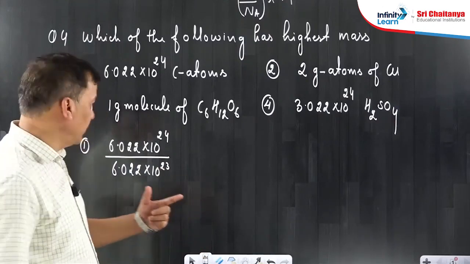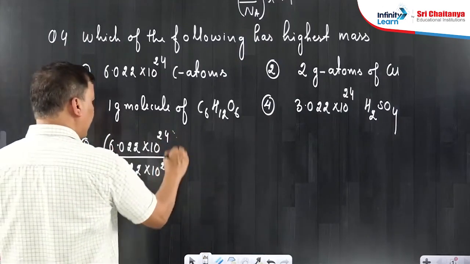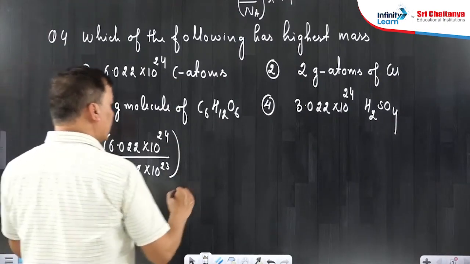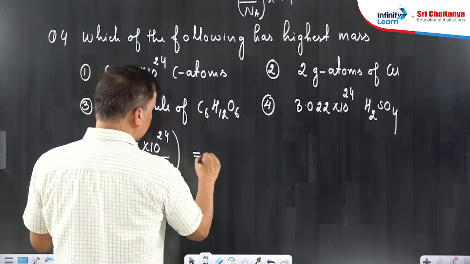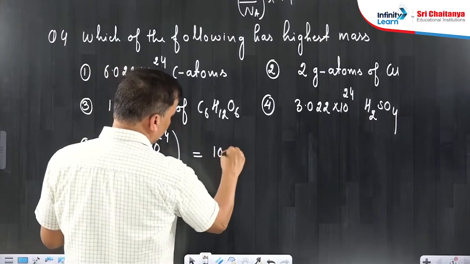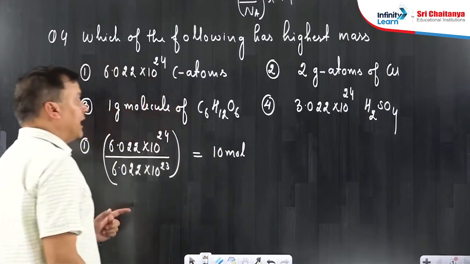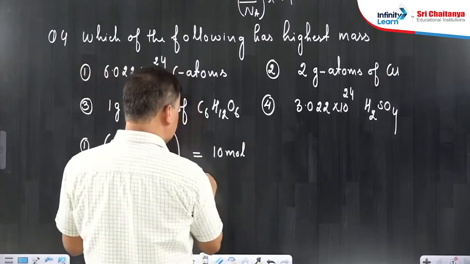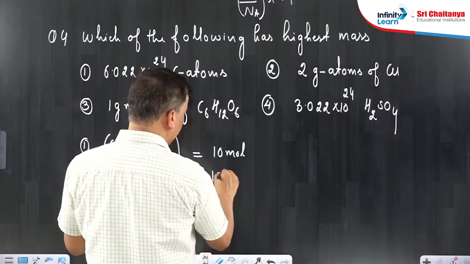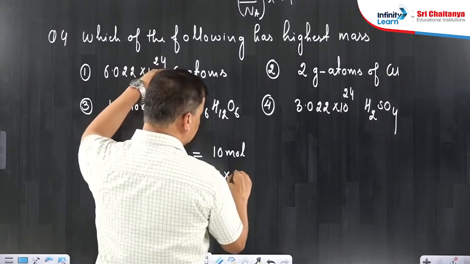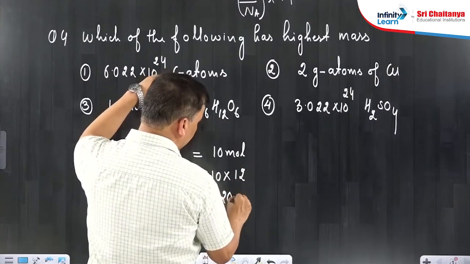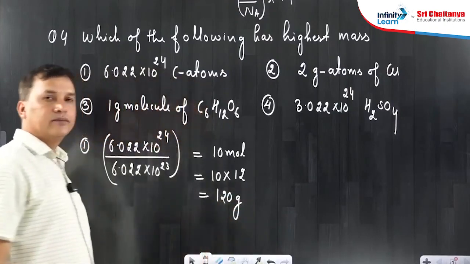Is that clear or not? But we have to find out mass. So dear student, how many number of moles are there? There is 10 mole. Now these 10 mole has to be converted into the mass. Mole into molar mass, that is 10 into molar mass, that is equal to 120 grams or kilograms? Grams.